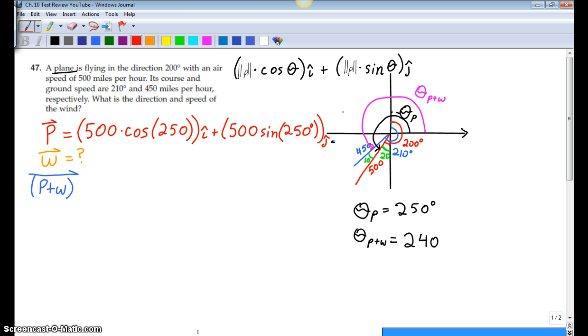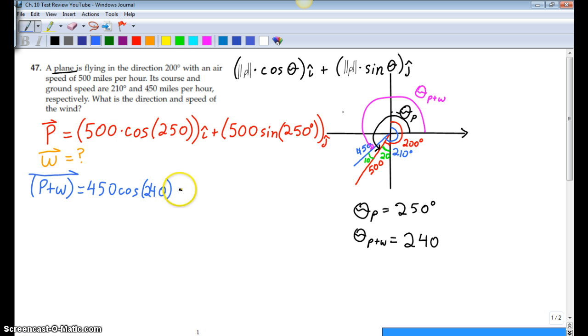Squeeze that all in there. So, vector P is magnitude times cosine of theta plus magnitude sine theta. The wind we don't know, but our course and ground speed given the P plus W is, again, 450 cosine of its theta, which is 240.